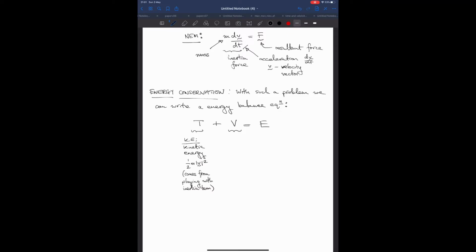On the other hand, we had this quantity known as PE, not physical education, but potential energy. Okay. And this we've seen depends on F, the resultant force, and also on the position.